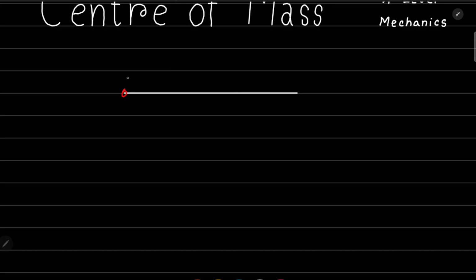So we can attach a mass over here, let's say it's 5 kg, another mass over here, let's say it's 2 kg, and another mass of 3 kg. Now we might be asked to find the center of mass of all of the particles given the distances.